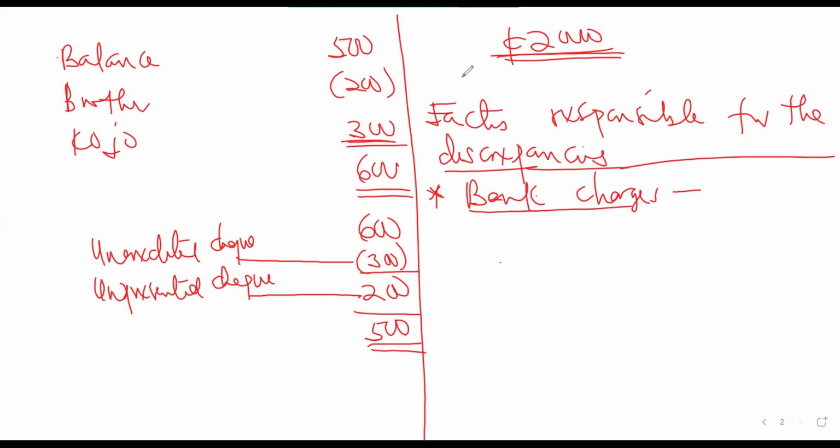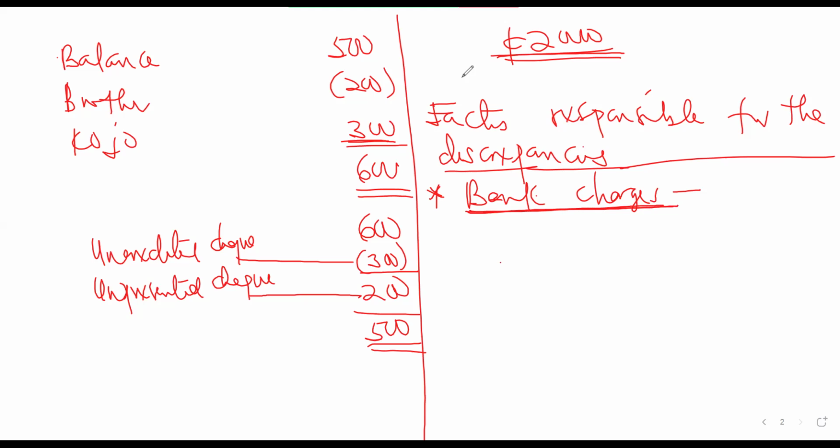Whenever there's a bank charge, it's a legitimate item that should have been charged against our cash book. But since we are not aware of this, it has not been subtracted from our cash book. It's an expense that we are paying, so it should reduce our cash book balance. Since we are not aware of it, we now have to adjust our cash book balance.